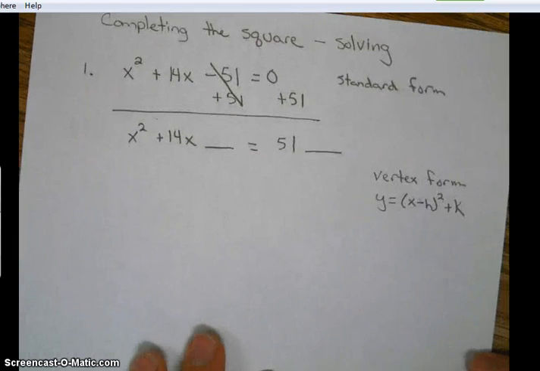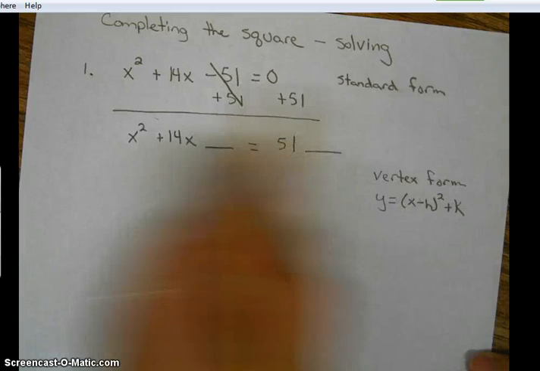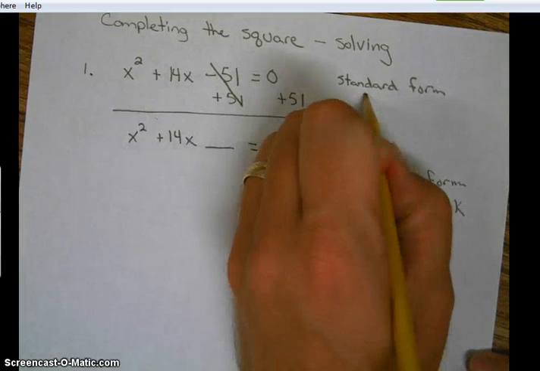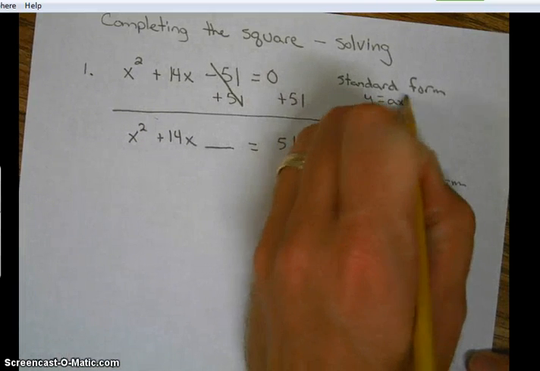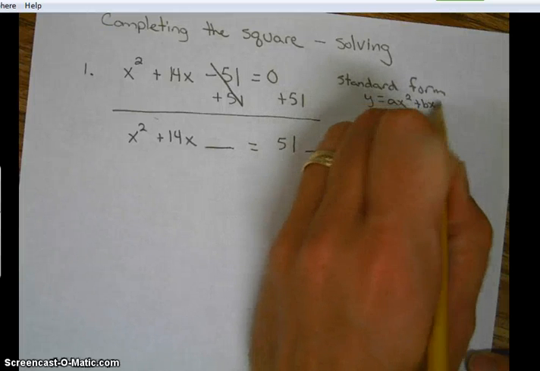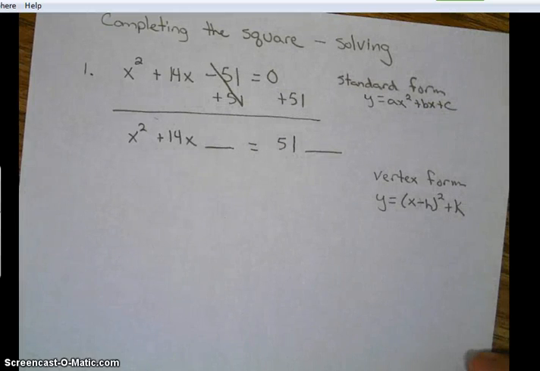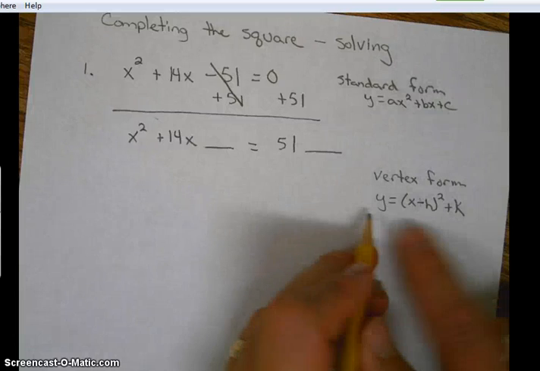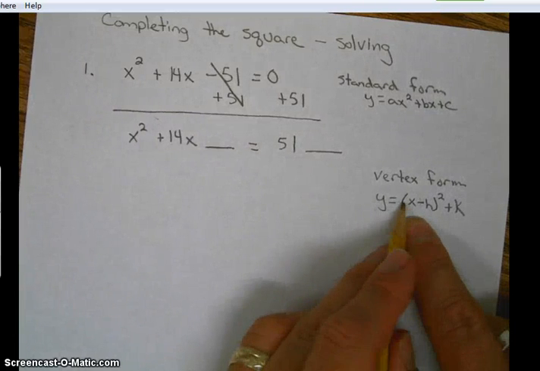We're going to change forms, going from standard form, which looks like this, to vertex form. So first thing we do is we're going to put down the parentheses.